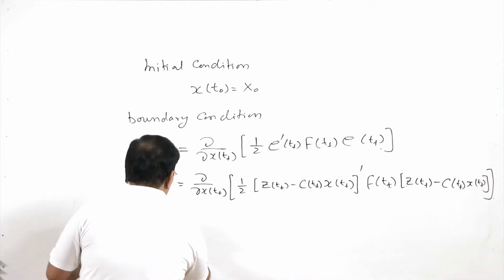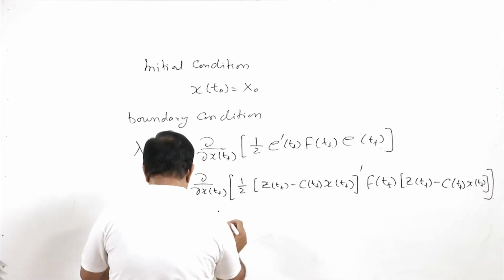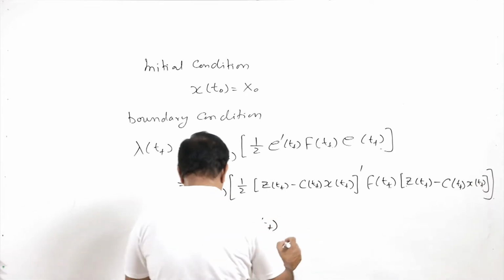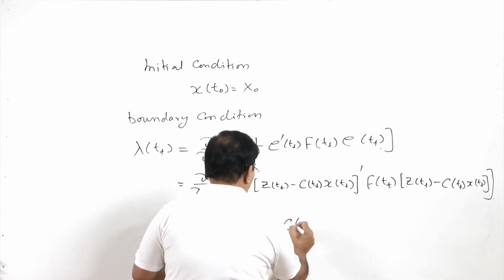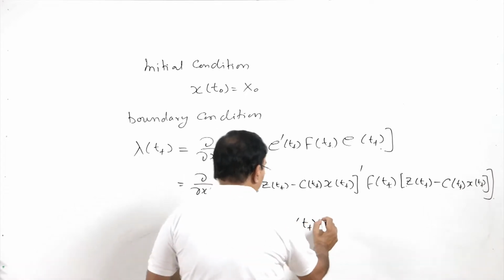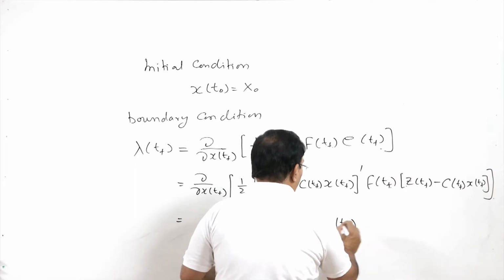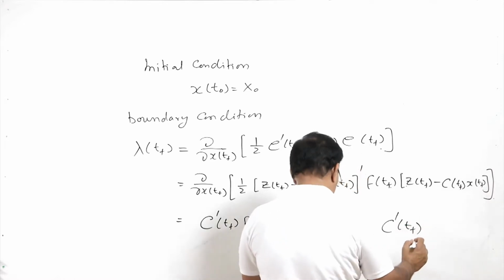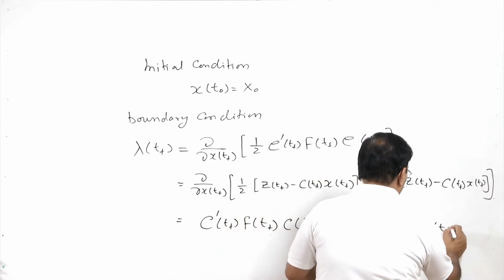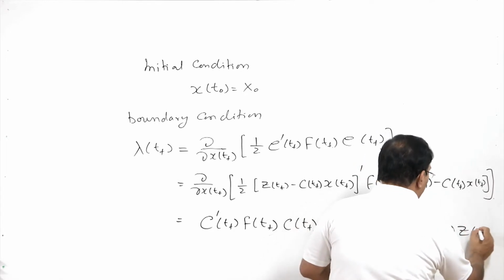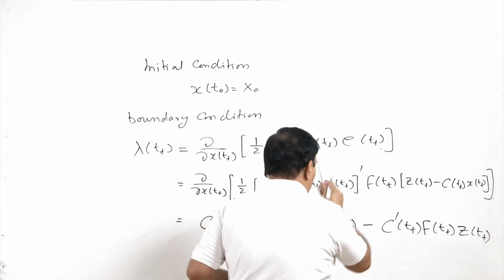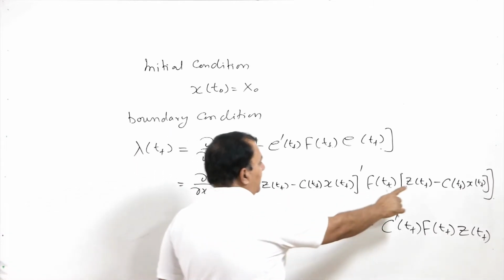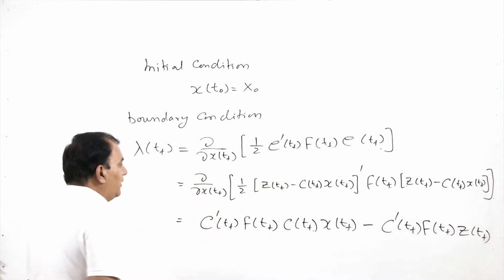If we do so, we will get C prime of T f, F of T f, C of T f, x of T f, minus C prime T f, F of T f, z of T f. So, if we expand this again, my z T f term will be independent of x of T f, so this will not appear.